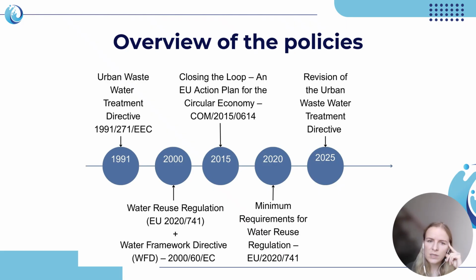Then in 2000, the Water Framework Directive came in place, very important because it's overarching. This directive also relates to water quality, but it focuses on achieving the good status for all European water, so both surface and groundwaters by 2027.